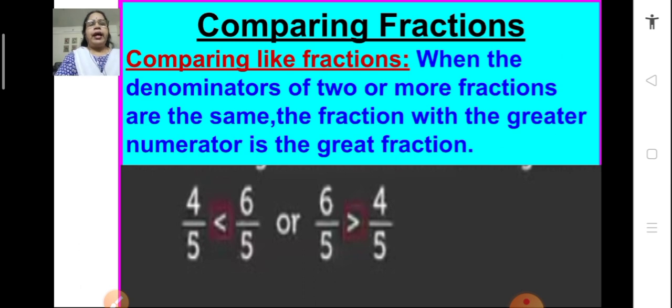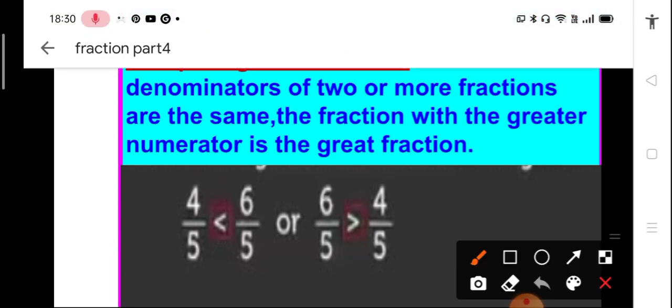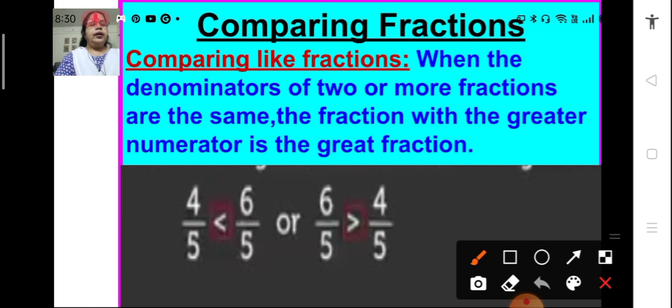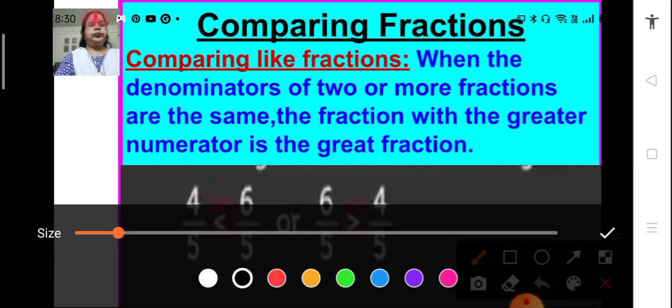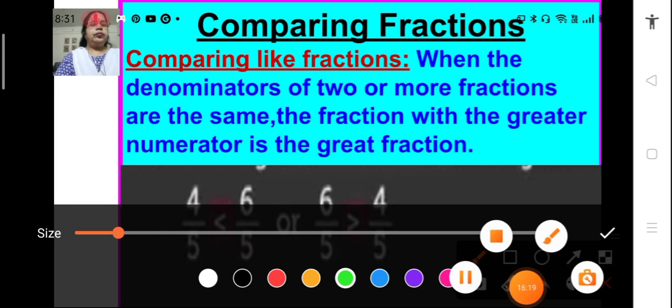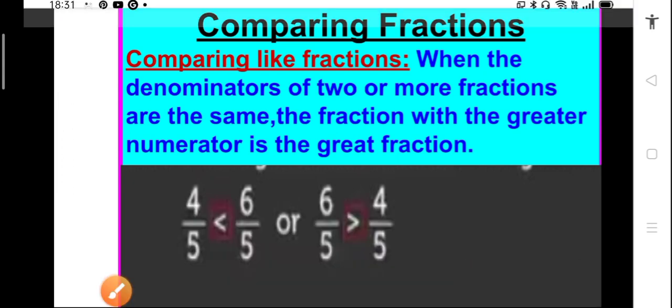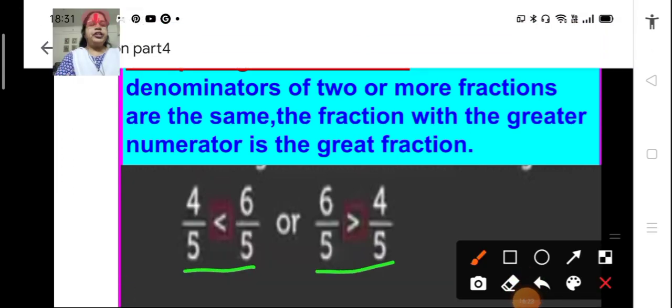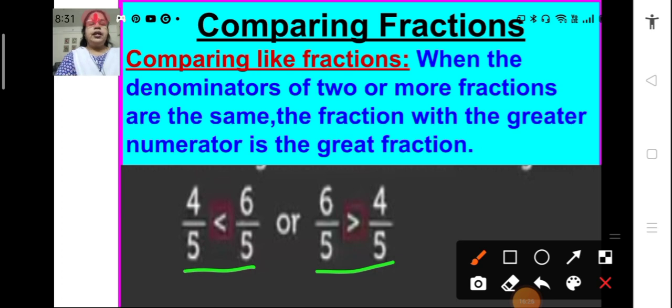When we have like fractions, that means the fractions with the same denominator, like shown here, both the fractions with the same denominators, then the fraction with the greater numerator is the greater one.